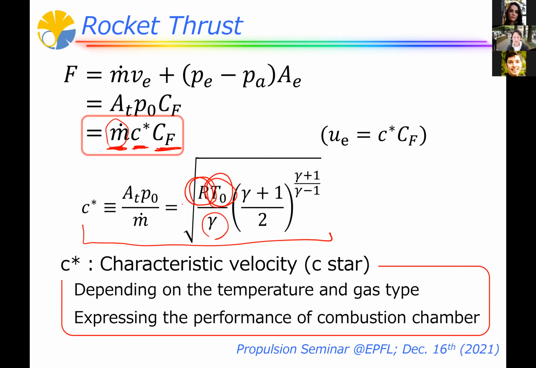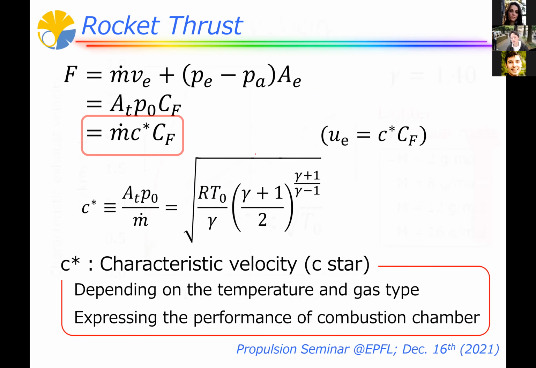Basically, this characteristic velocity c star expresses the status of the combustion chamber. If you increase this c star, you can increase the effective exhaust velocity. So there is this kind of relation. If you want to increase specific impulse or exhaust velocity, you should increase c star, and it means you have to increase temperature.